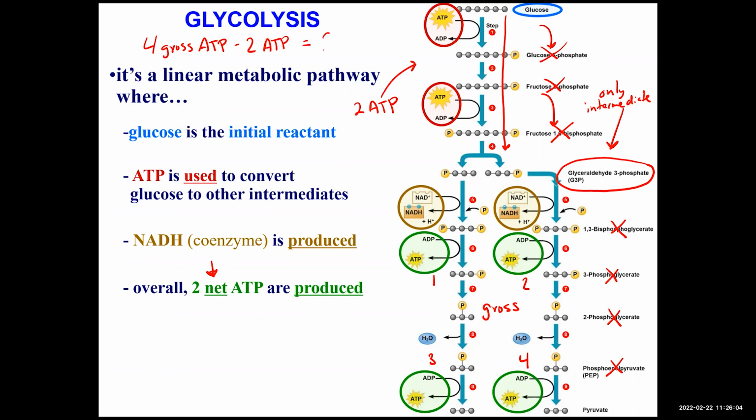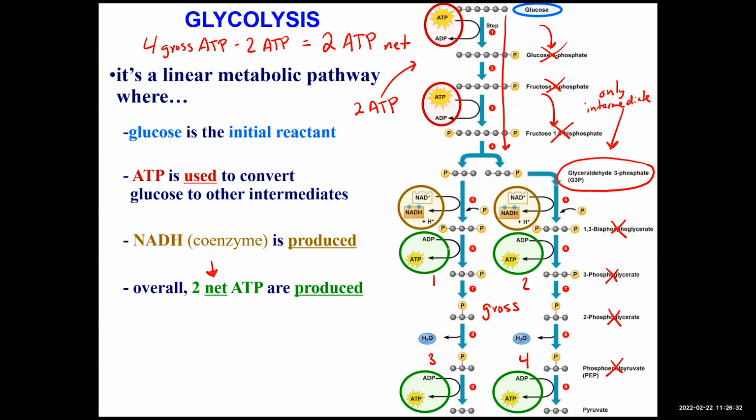So we have a net gain of 2 ATP. Okay? So when we're saying that we produce 2 net ATP, we make 4 gross, but it cost us 2. So we're actually only increasing our ATP by 2. Okay, so that's the difference.